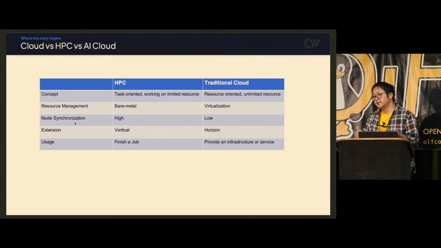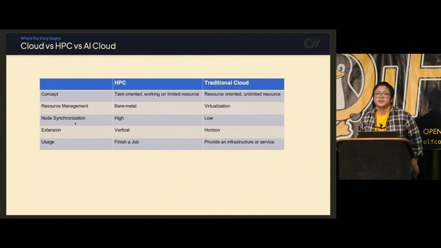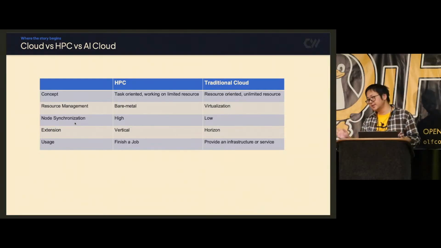But there's some basic differences. For HPC, high performance compute, it already knows the task. The people running the system know their system very well. They know the task very well. They just try to make it efficient for this task. However, cloud is a totally different concept.